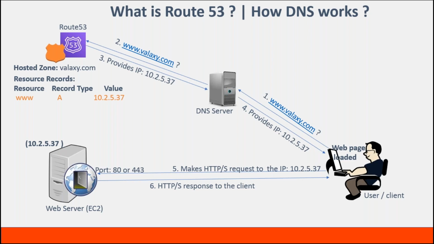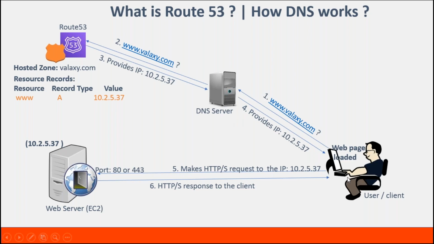So the client is registered with any one of the internet service providers. Every internet service provider has its own DNS server, which is also called a local DNS server. So if I have internet connectivity on my system, I will be using the local DNS server, which is maintained by the internet service provider.